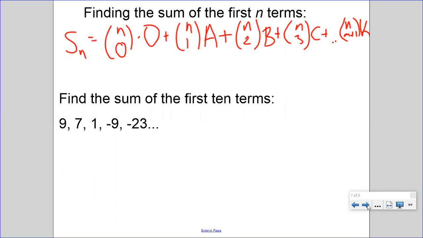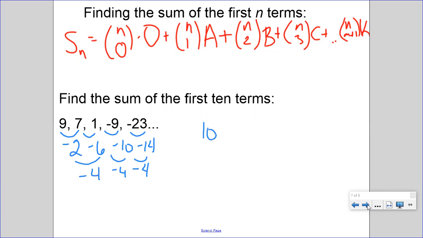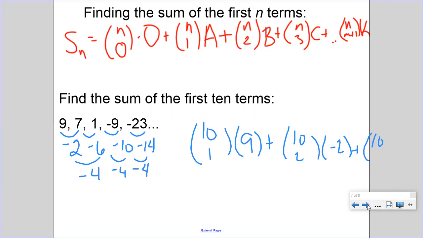So in this example, we're going down 2, then down 6, then down 10, then down 14. So this one's not too bad. You're just going down 4 each time, and that's the second difference. So we're actually done pretty quick. This would be 10 choose 1 times A plus 10 choose 2 times -2 plus 10 choose 3 times -4.